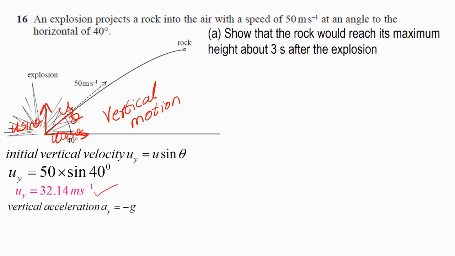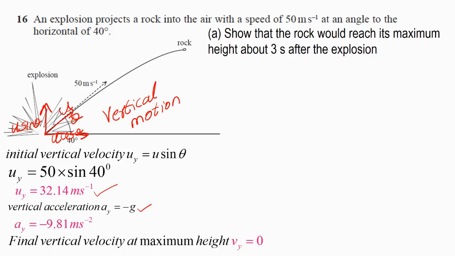That's why we take the acceleration as negative g, so the acceleration in the vertical direction is minus 9.81 meters per second squared. The final vertical velocity, or velocity at the maximum height, is equal to 0. Then why is it 0?